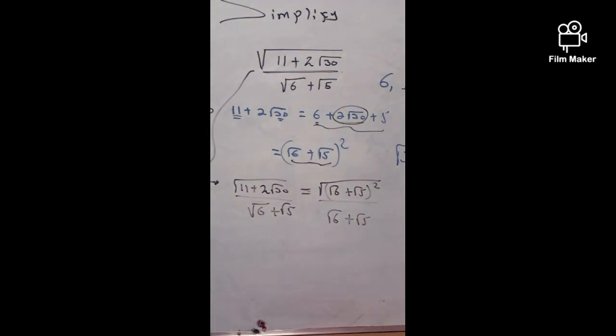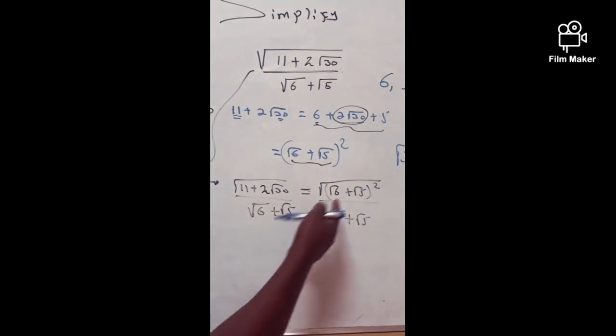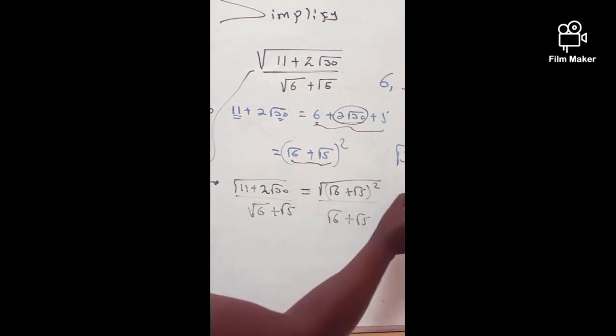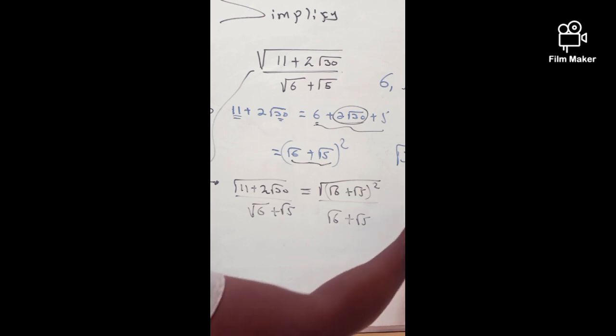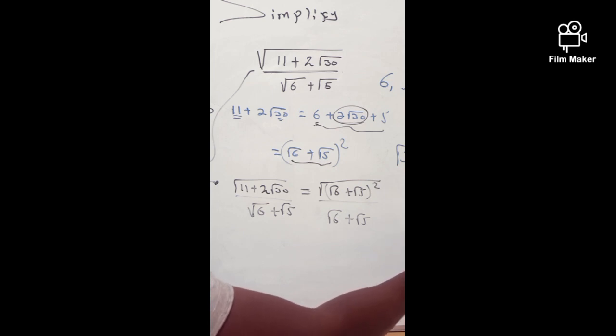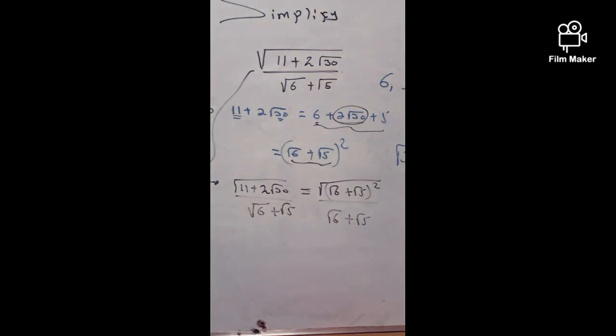But in the case of this problem, the square root of root 6 plus root 5, the whole square, will cancel out and you have radical of 6 plus radical of 5. What's the reason? Because it's a positive number. Since it is a positive number, we can directly put the value of this problem just like this one.